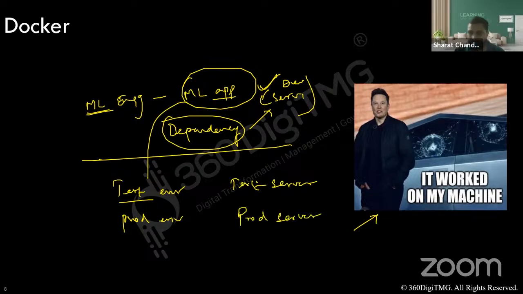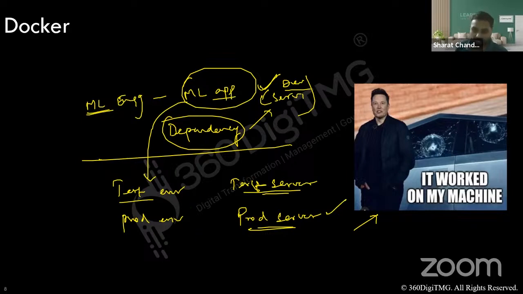The problem is there could be different hardware or software standards being maintained in the test server and production server. It's not mandatory that your development server, test server, and production server should be identical. Different organizations have different standards. They do not spend too much money on development or testing servers. But production servers, definitely they will be very highly configured and powerful basically.